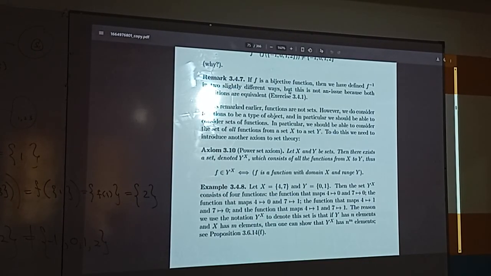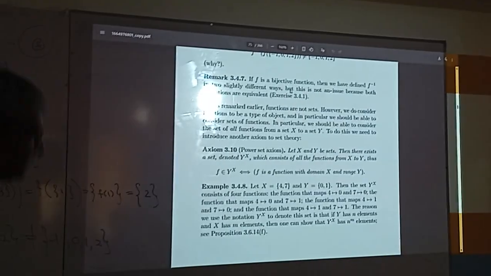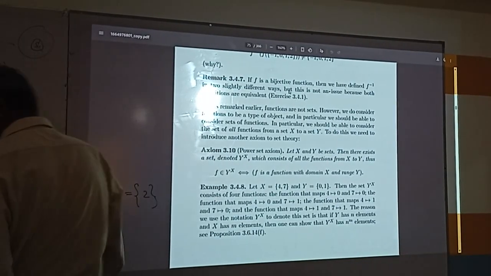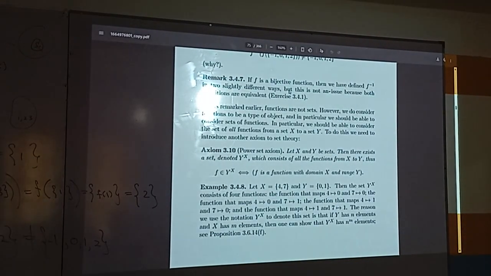Then there exists a set denoted Y to the power X, like x squared, which consists of all the functions from X to Y. Thus, f belongs to Y to the X if and only if f is a function with domain X and range Y. Power set axiom. It's a very important one. So, even though it is there, I also have to write it at least once.